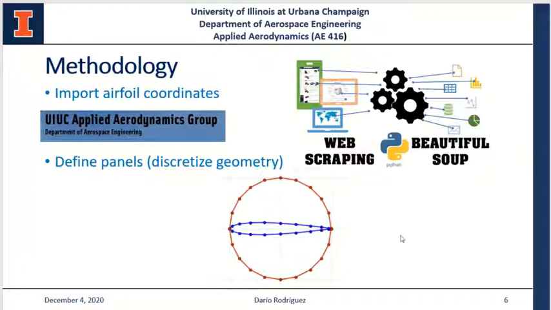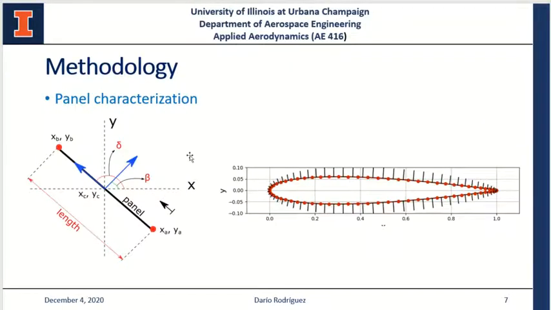Then the points are interpolated and placed on the airfoil surface. The next step is to characterize the panels of the airfoil.